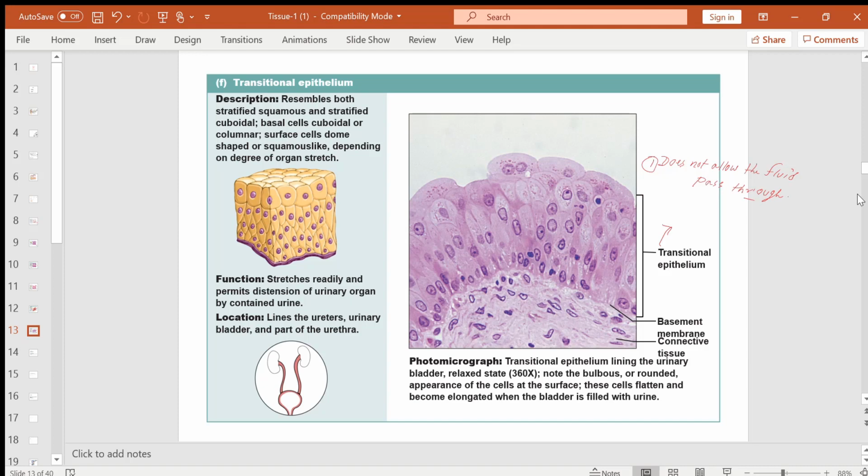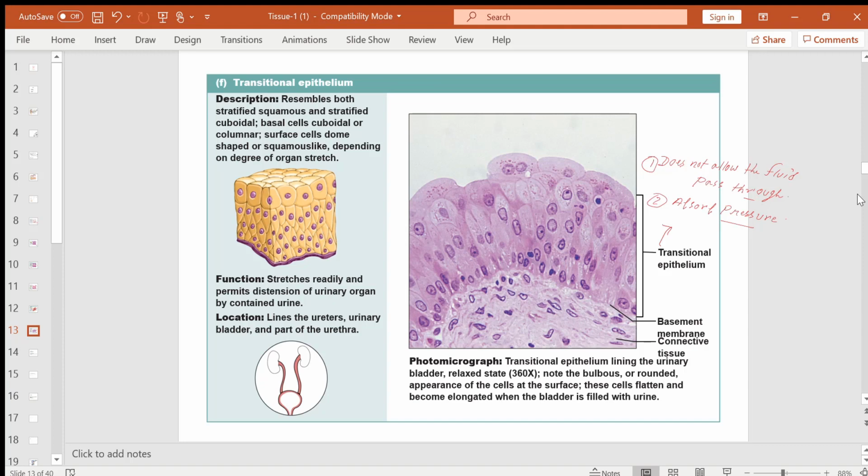Very important property. Number two, by changing the shape, the transitional epithelium can absorb pressure. Transitional epithelium has elasticity, and that is given by the property of the change of the shape of the cells.